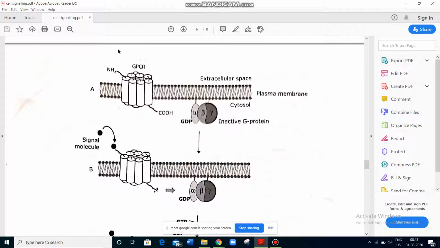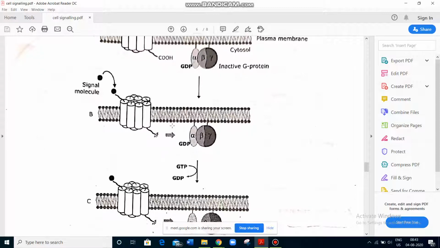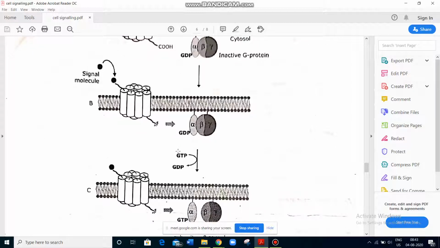When a signal molecule is bound to the G protein coupled receptor, that will initiate the change in the conformation of the G protein. Previously the G protein, alpha beta gamma, was in the inactive form bound to GDP, and that GDP binding site will be replaced by GTP.